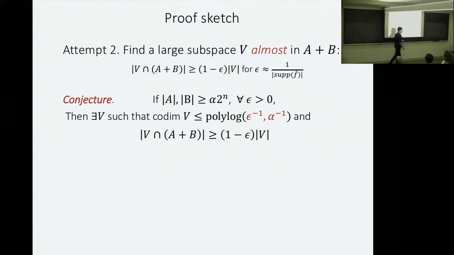It turns out that this is a rather hard conjecture. It's something that naturally comes up when one is trying to study Roth's theorem, or the structure of cap sets, or the structure of A plus A plus A.